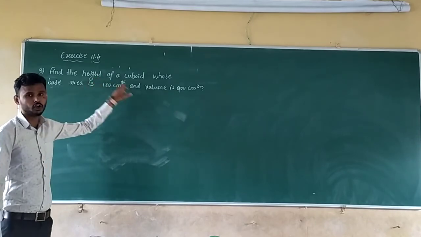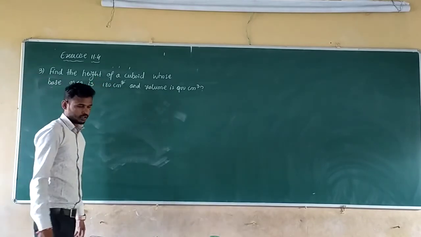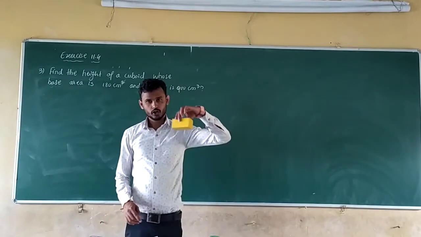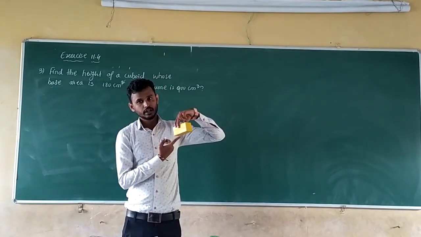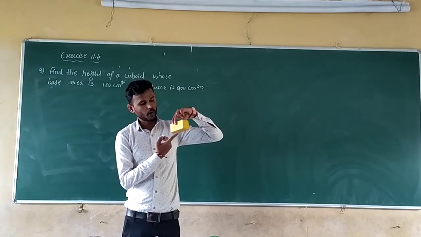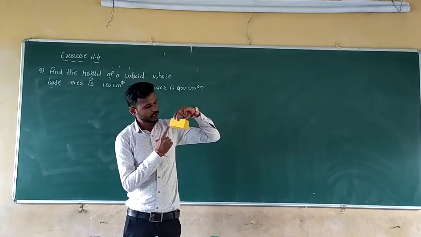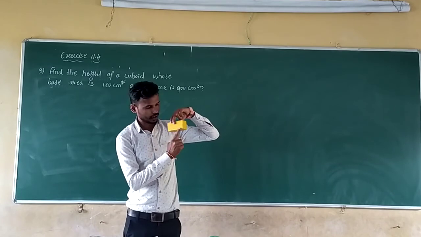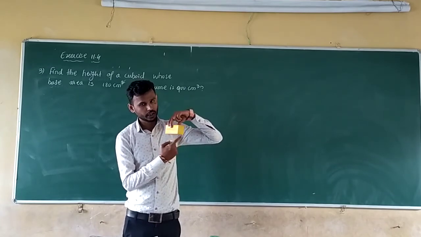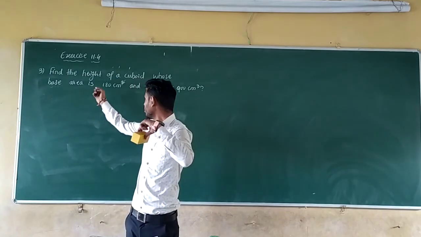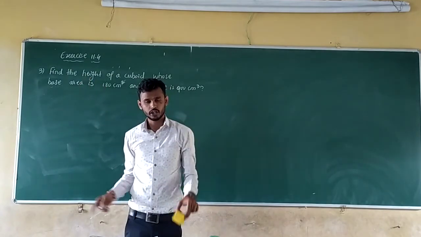We need to find the height of the cuboid. Base area means the area of the bottom face. The dimensions of the bottom face are length and breadth, so the area will be length into breadth, which is 180 centimeter square.